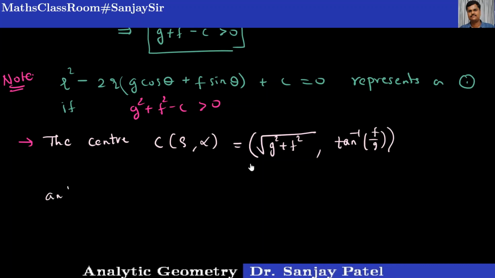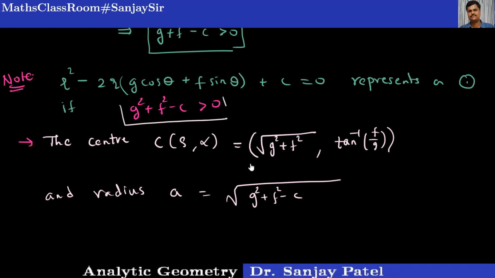So these are the polar coordinates of the center. And the radius, which is obvious, radius a is given by square root of g square plus f square minus c. So you must remember these three things: given an equation in the polar form like this, whether it is a circle or not, first you have to check this condition after finding the value of the constants f, g and c from the given equation.